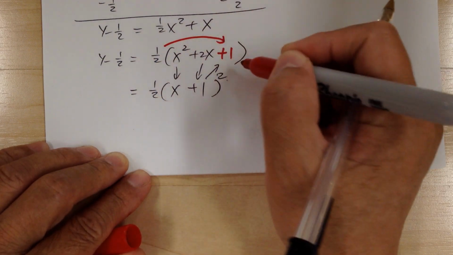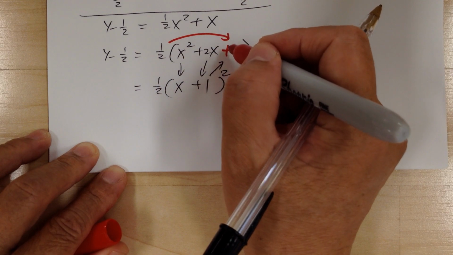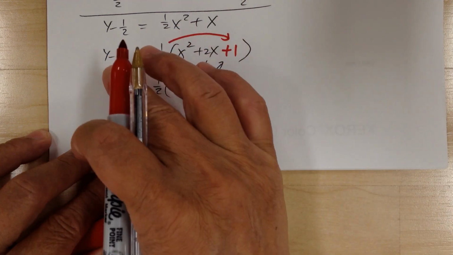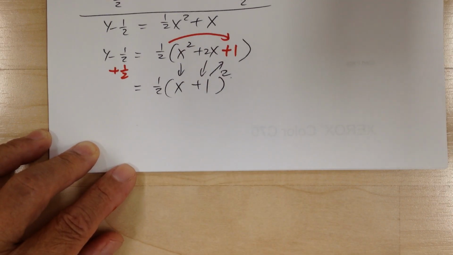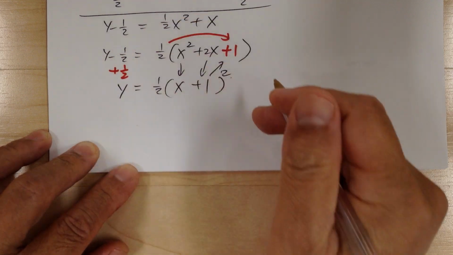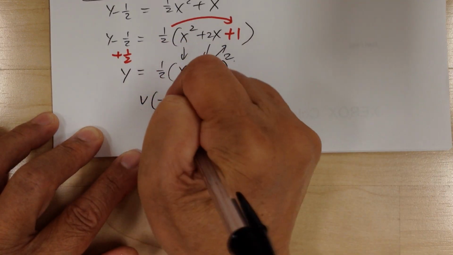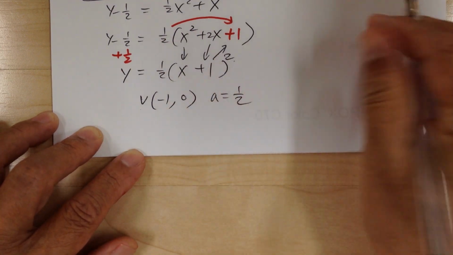So technically, I'm adding 1/2 over here, so I need to plus 1/2 on this side. So this becomes y equal to this over here. So the vertex is going to be at -1, 0, and a equal to 1/2.